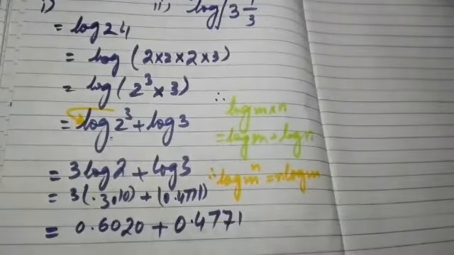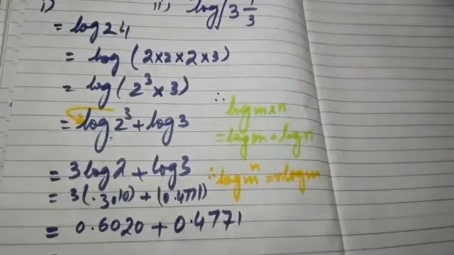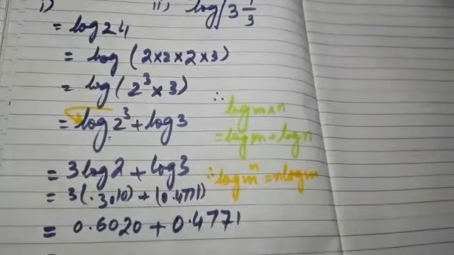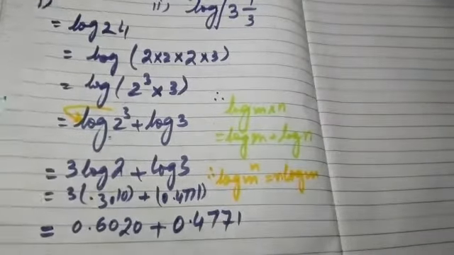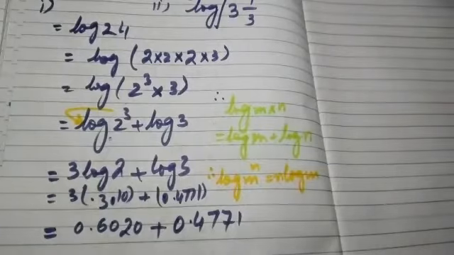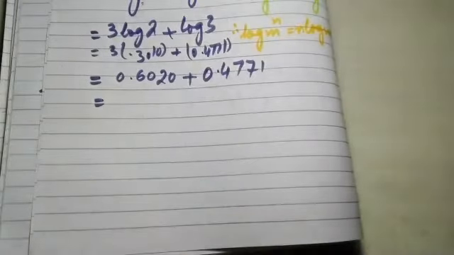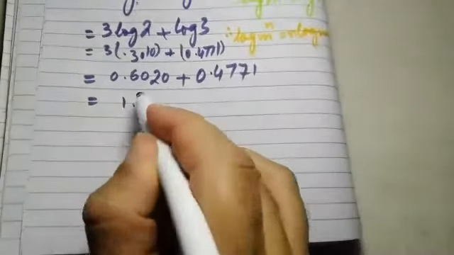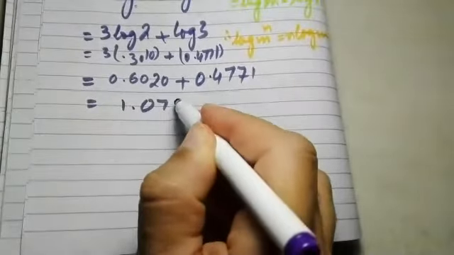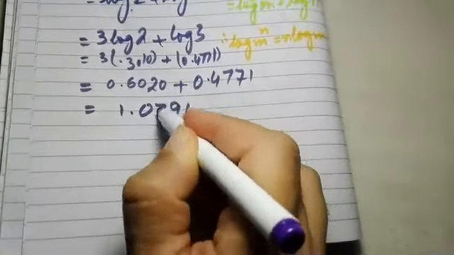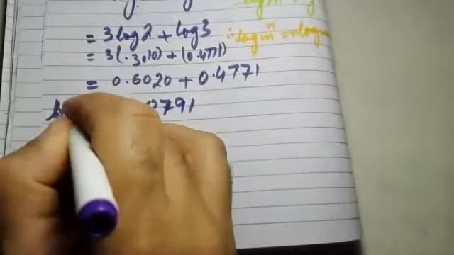In this way, we will simply add them together. Then we will sum these two numbers to get our answer. So this is 1.0791. I'm using the calculator to find the sum.